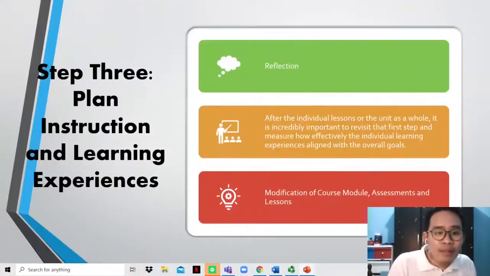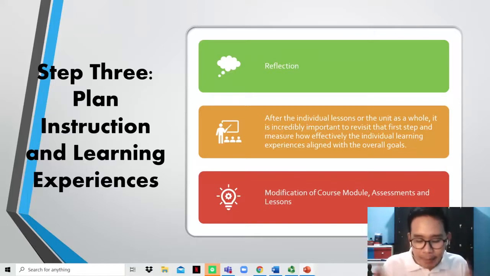Step 3 will be planning instruction and learning experiences. This is an important step because, after step number 1 and step number 2, the goals and the assessments have been identified, and it is now time to focus on the individual learning experiences to support the transfer of knowledge and skill acquisition through reflection.